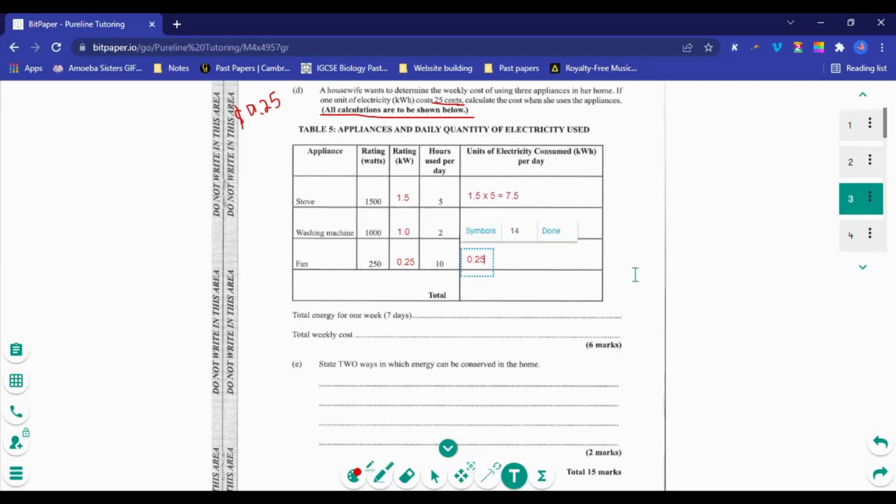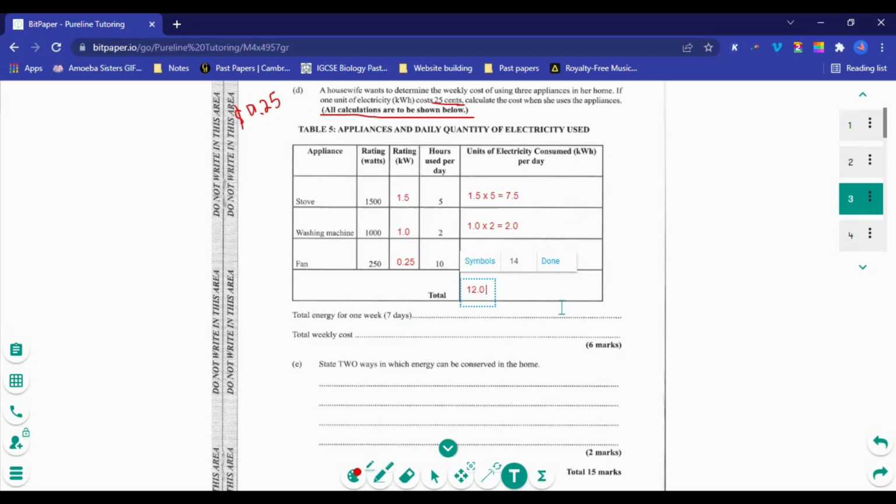And we have 0.25 kilowatts multiplied by 10 hours, which is going to give us 2.5. So the total here is going to be 7.5, 2, and 2.5, which is going to give us 12.0 kilowatt hours per day.